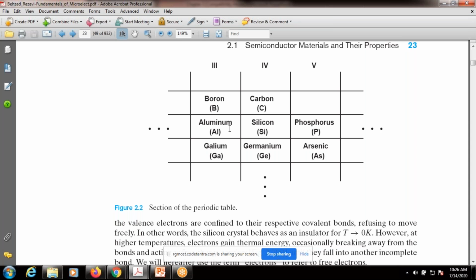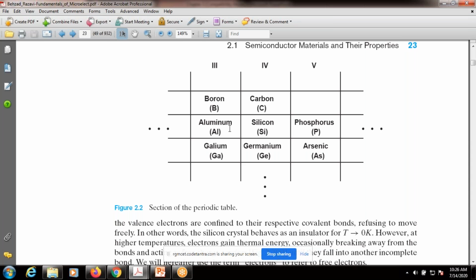That means what happened here? Now this type of material acts as a p-type. In p-type, holes are the majority carriers. Remember that while studying semiconductors, holes also act as charge carriers. There is conductivity due to holes also. Not only electrons, especially in semiconductors, the conductivity takes place due to holes as well as electrons.